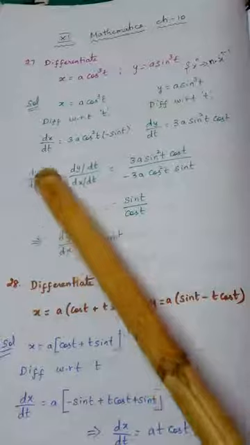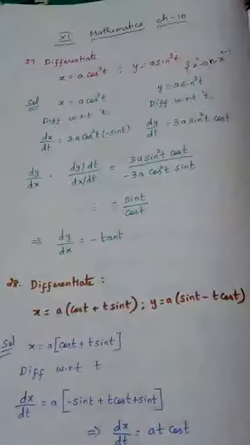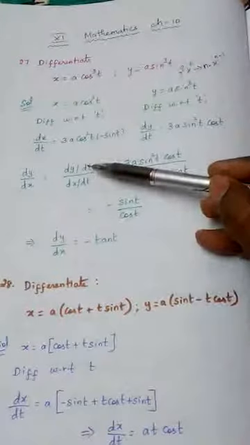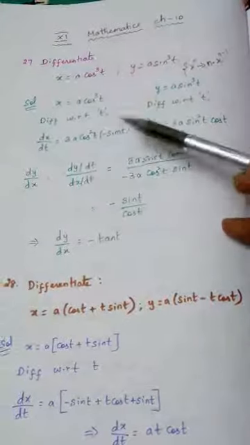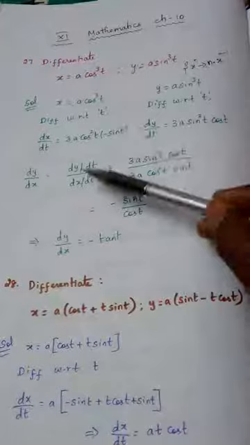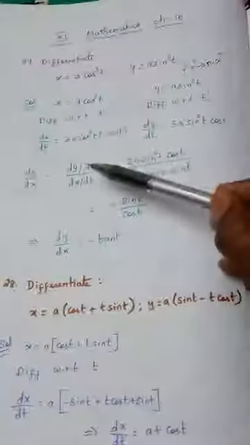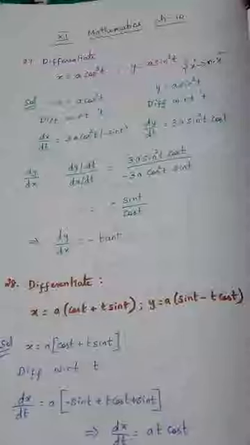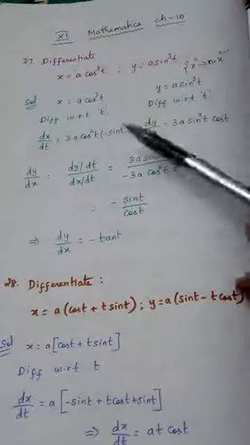We actually want dy by dx. So dy by dx can be written as dy by dt divided by dx by dt. By dividing these two, we can easily find dy by dx, because dt gets cancelled. Hope you are understanding this.